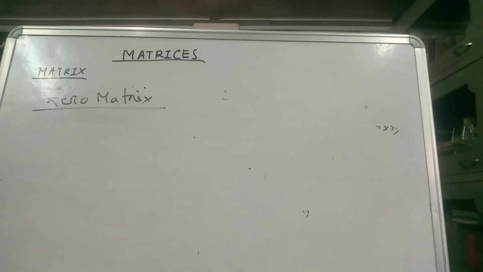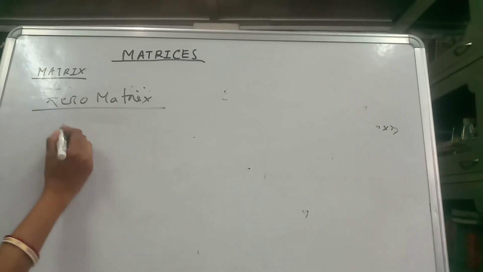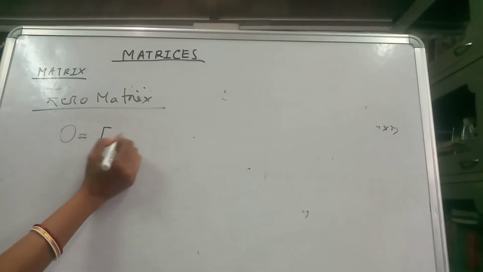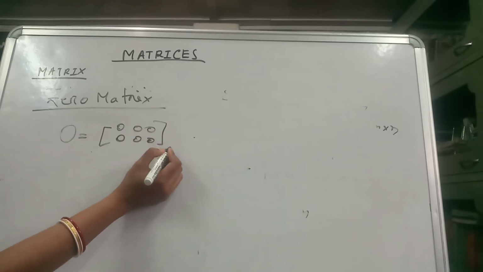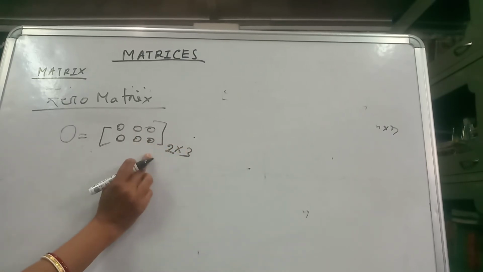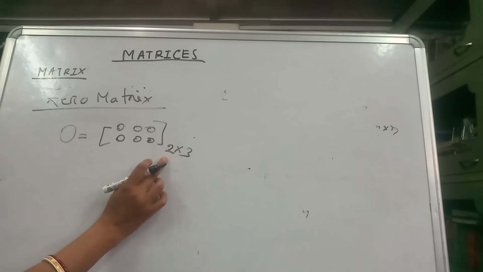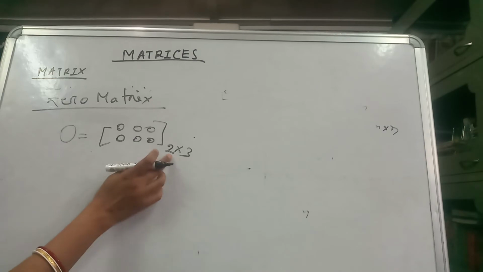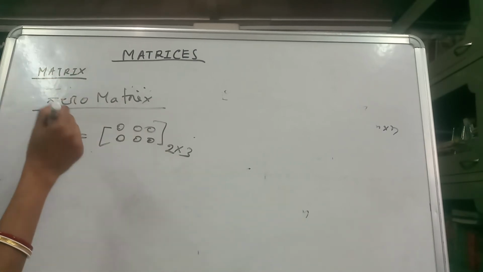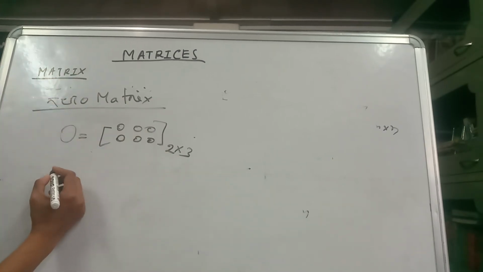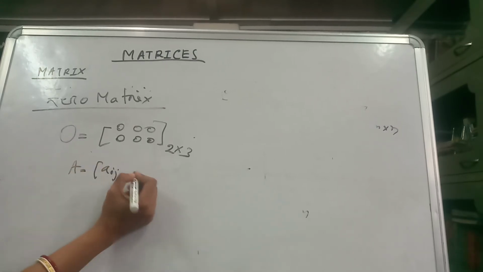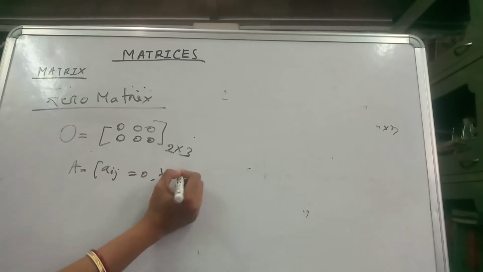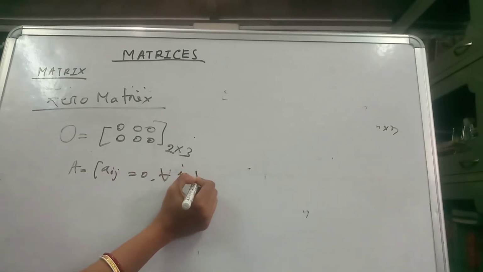It is denoted by letter O. That is, if there is a matrix in this way where all the elements are zero, then it is called a zero matrix, where the number of rows is 2 and the number of columns is 3. Notationally we will write this as A equal to aij equal to 0 for all i, j.